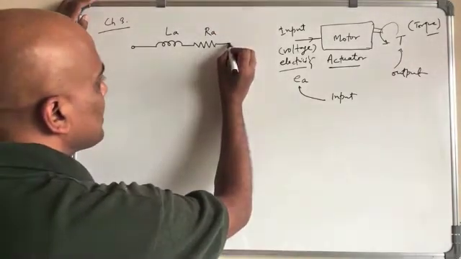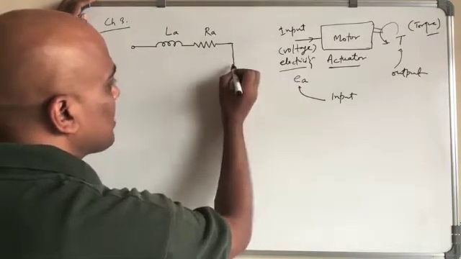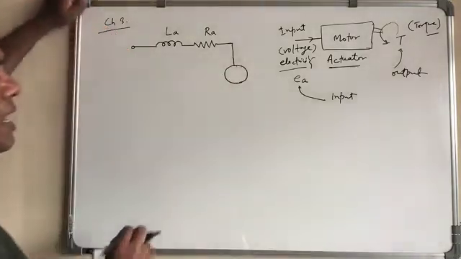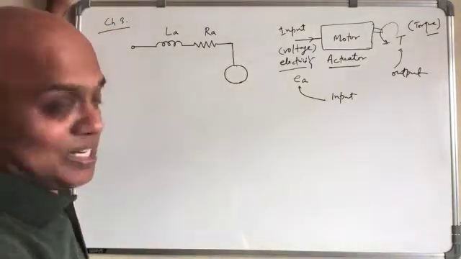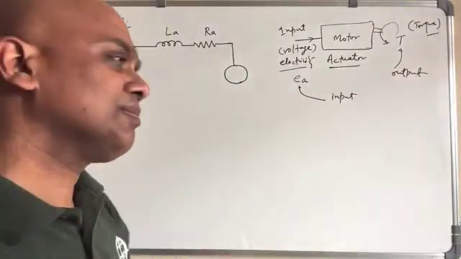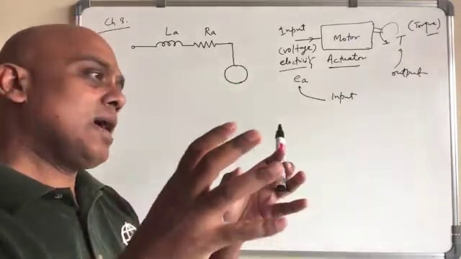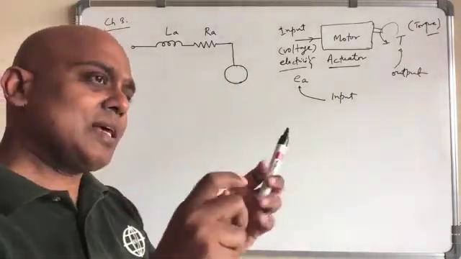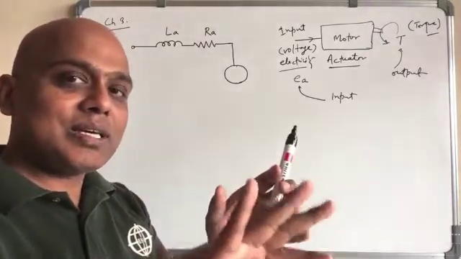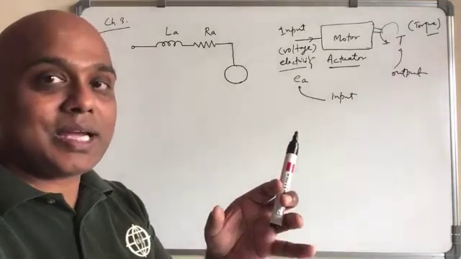And then there will be back EMF generated, because this is a coil also. The magnet is there, the coil is there, and in the closed loop, if the armature is rotating inside that, it is also going to produce electricity, like an electrical generator.